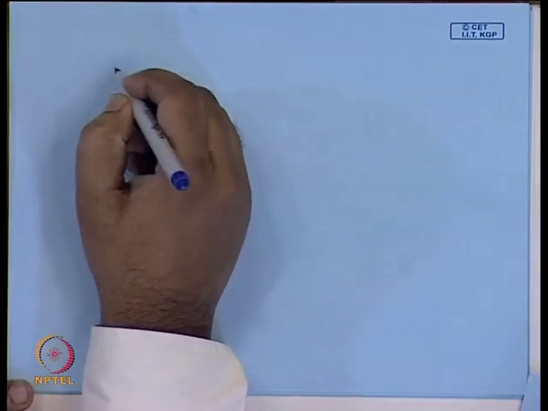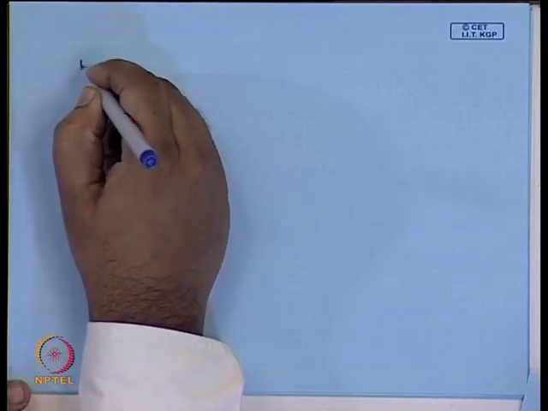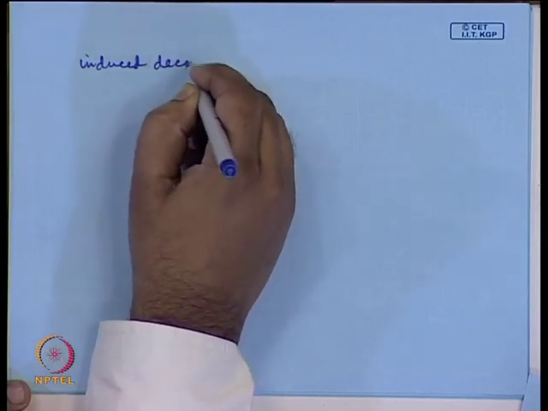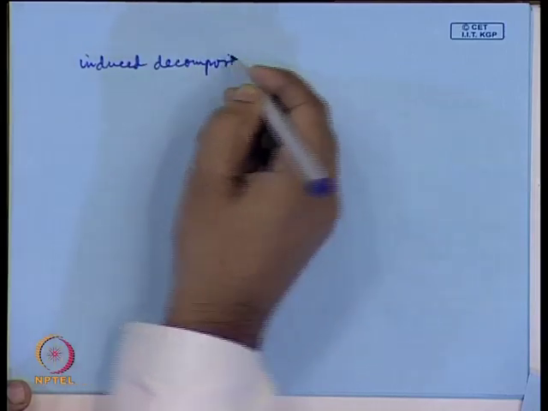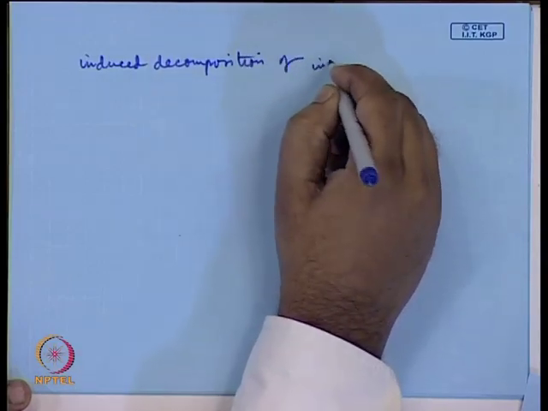like if we take the benzoyl peroxide example, and we talk about induced decomposition of initiator.